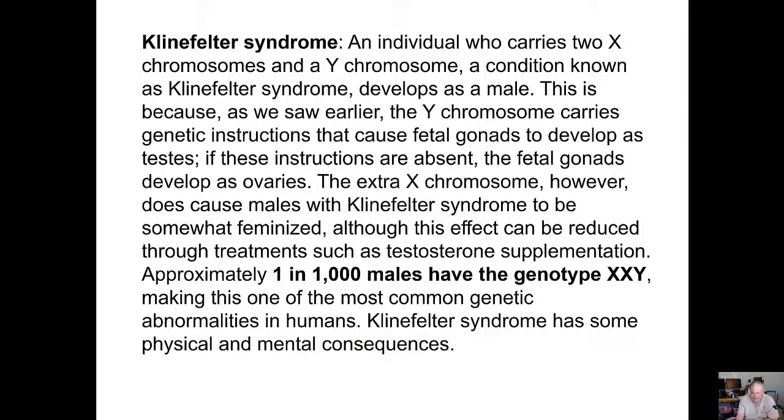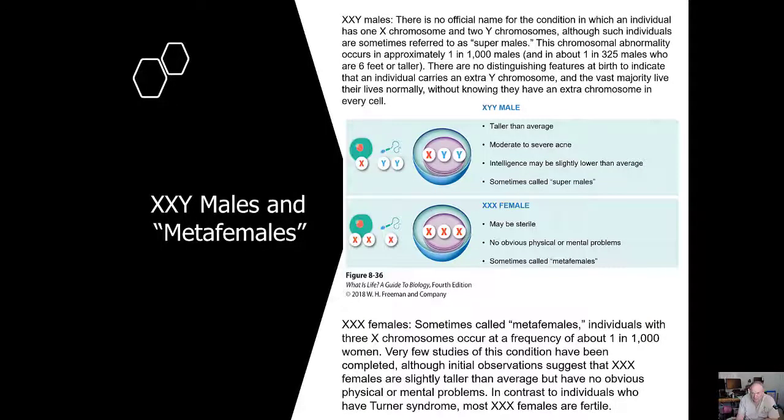So it happens in 1 in 1,000 males who have the genotype XXY, and they call this Klinefelter. And metafemales, we can see XYY male and an XXX female. We don't have an official name for the XYY.